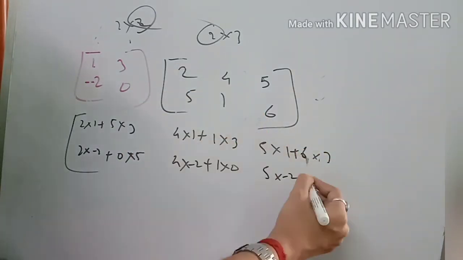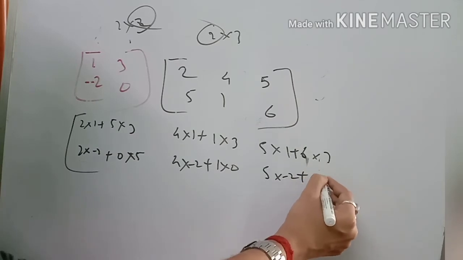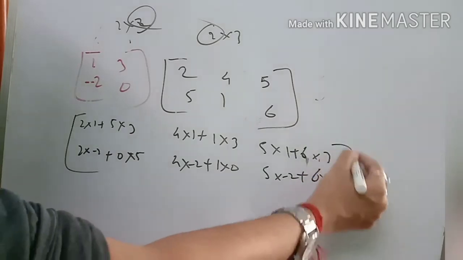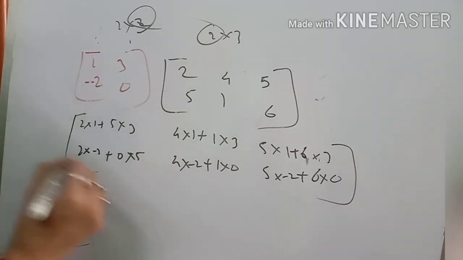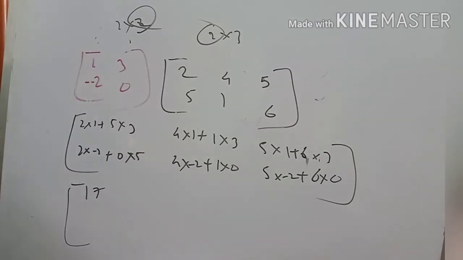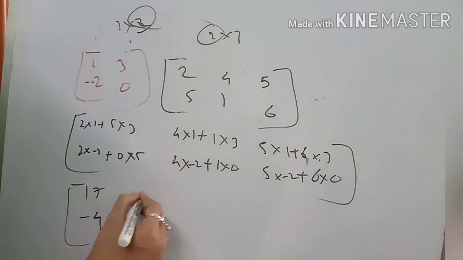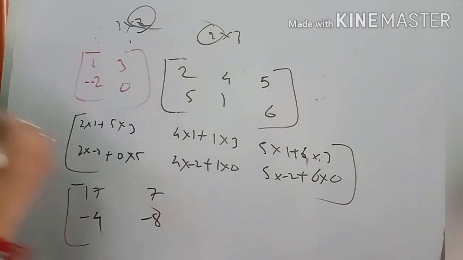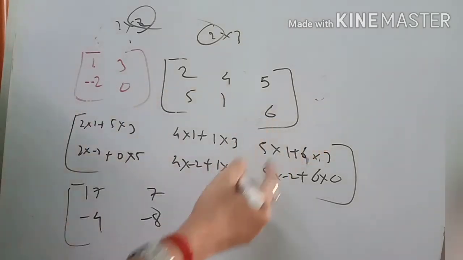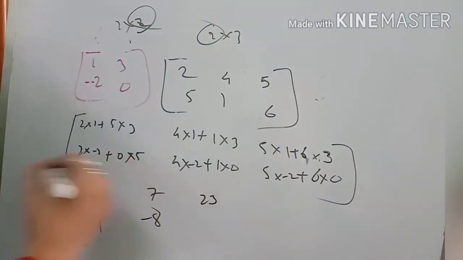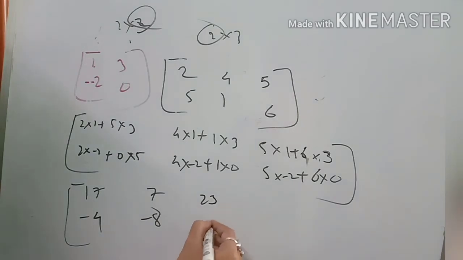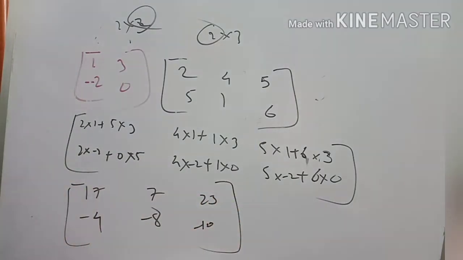Five into minus 2 plus 6 into 0. That's it. So it's becoming 17, minus 4. Next, 7, 8, minus 8. That side. 8, 5, 23, minus 10. Clear?